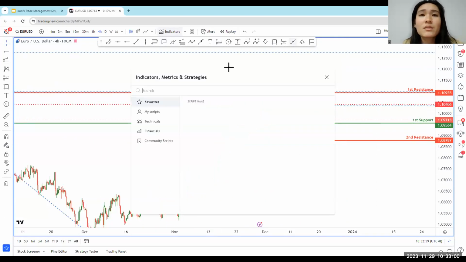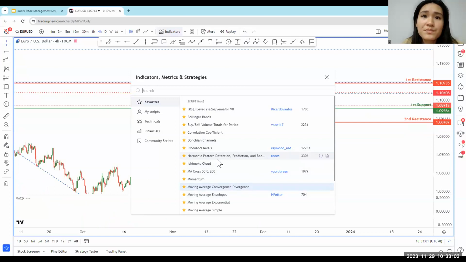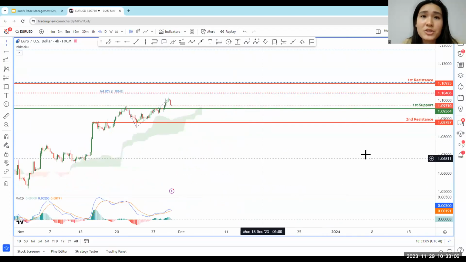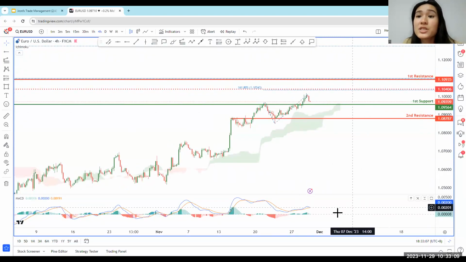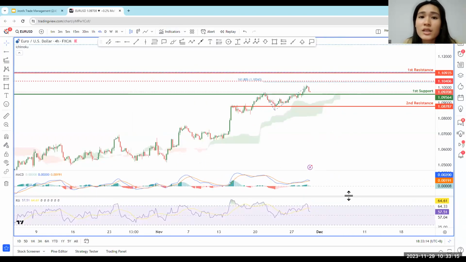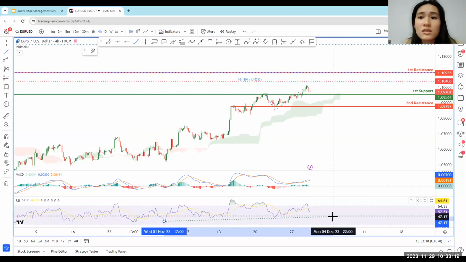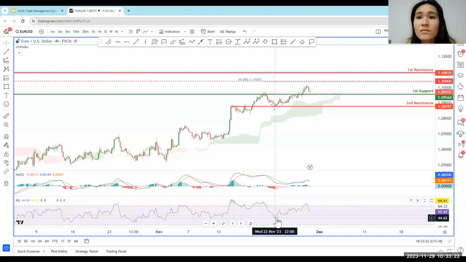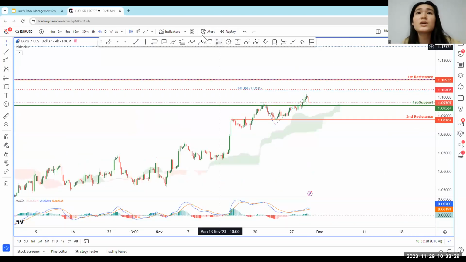Now let's take a look at some indicators. Price is moving above our Ichimoku cloud, so it's giving us a bullish signal. MACD is also giving us a bullish signal, so all of these support our analysis. RSI isn't really telling us much.